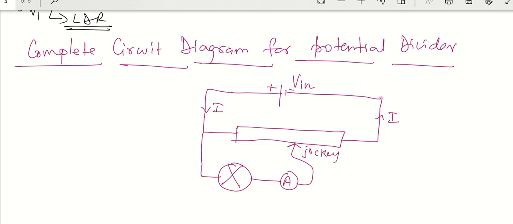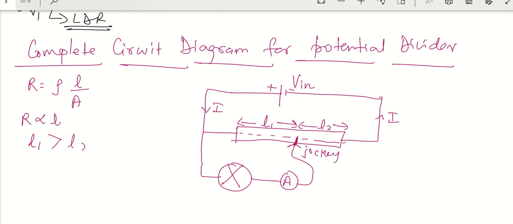This is a jockey on a piece of wire. If I touch here, then I am dividing it into two lengths, L1 and L2, and I know that R is rho L upon A. So resistance is directly proportional to L. If L1 is greater than L2, then my resistance R1, for this L1 region, will be bigger than my R2. So by manipulating the length, I am manipulating the resistance.